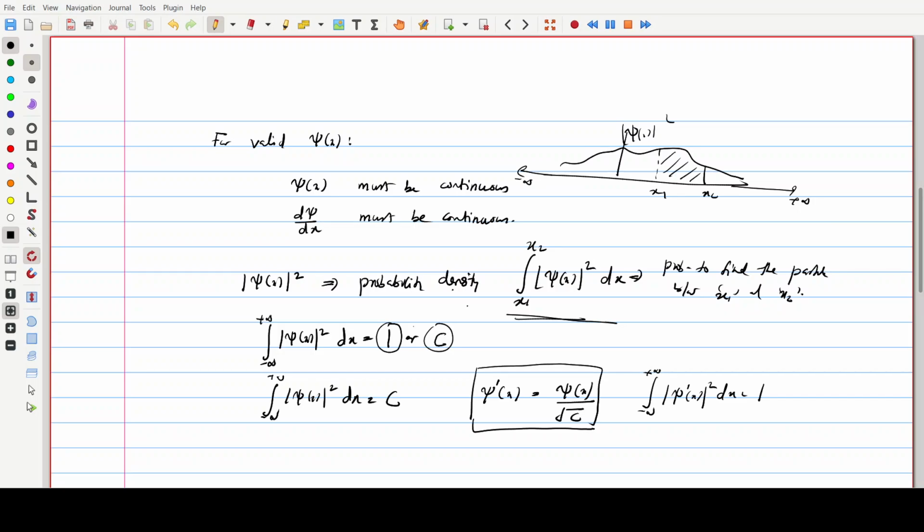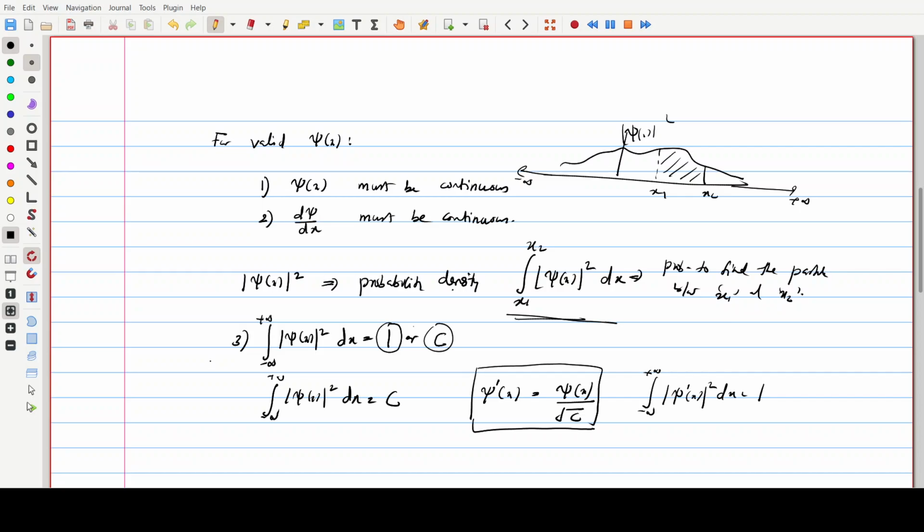Okay, so we have three conditions for the validity of the wave function, or there are three properties for the wave function. The first one is that the wave function must be continuous, and the second one, the derivative of the wave function must also be continuous, and the third one, the integral of the mod square of the wave function over all space must be a constant.